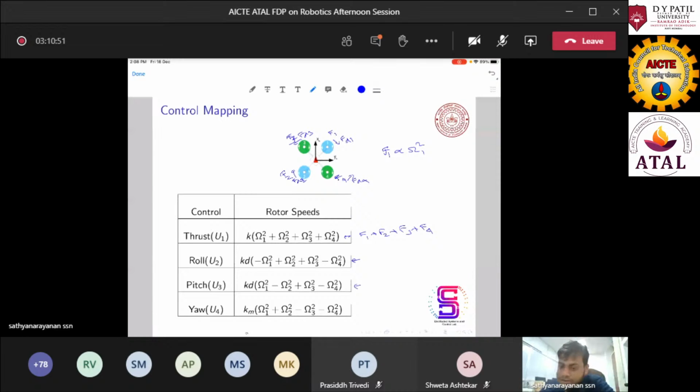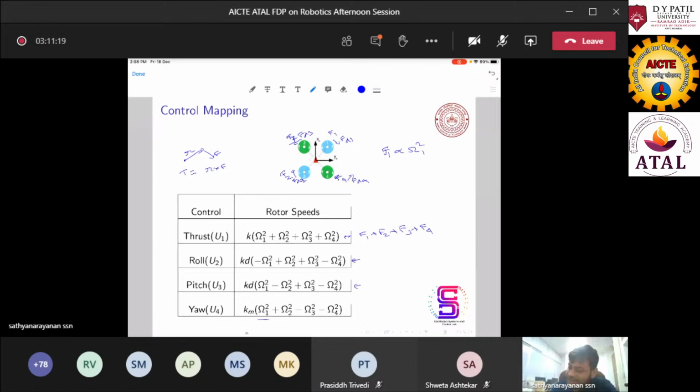You know that if you have a vector R and the force F, then the torque is nothing but R cross F. So you do the same thing, and you will notice that I have taken down to be the positive z-axis.